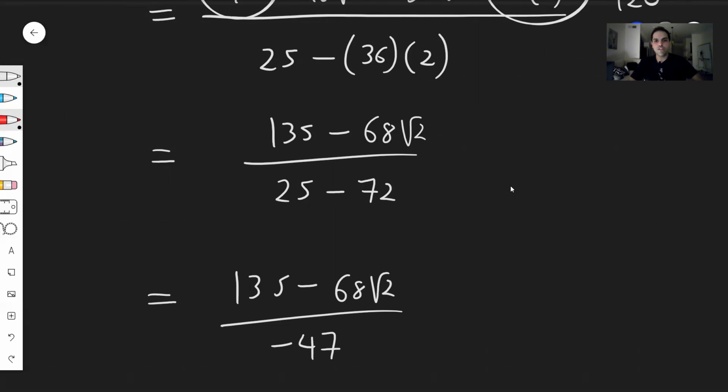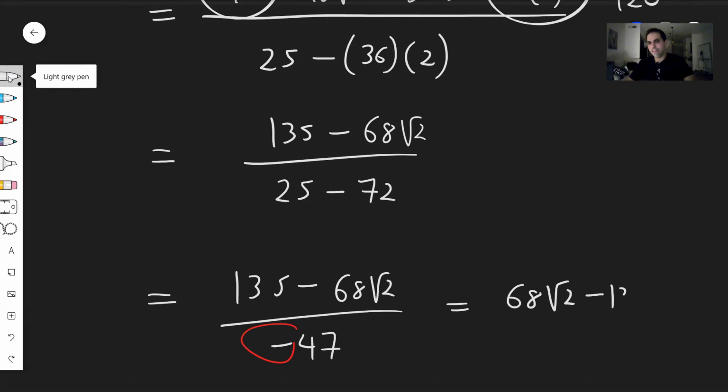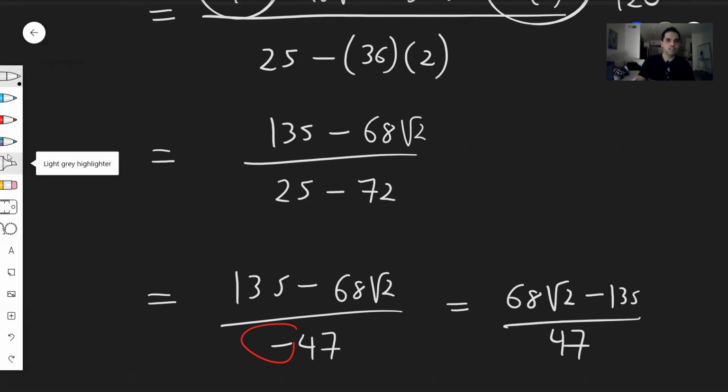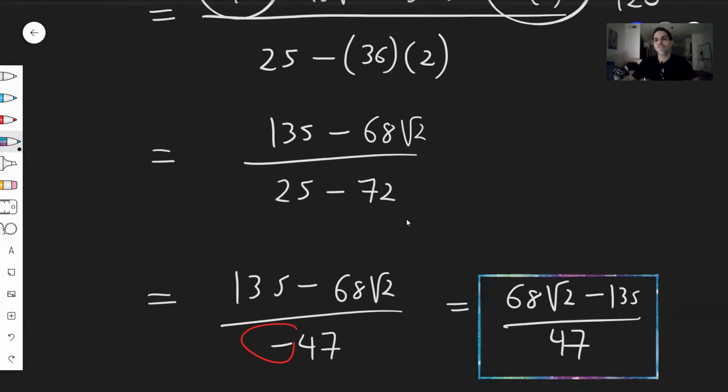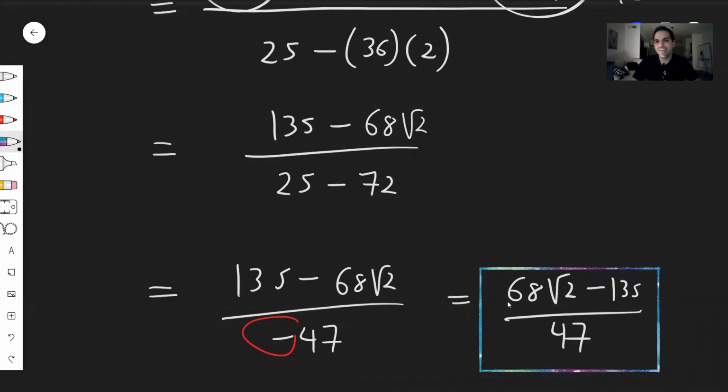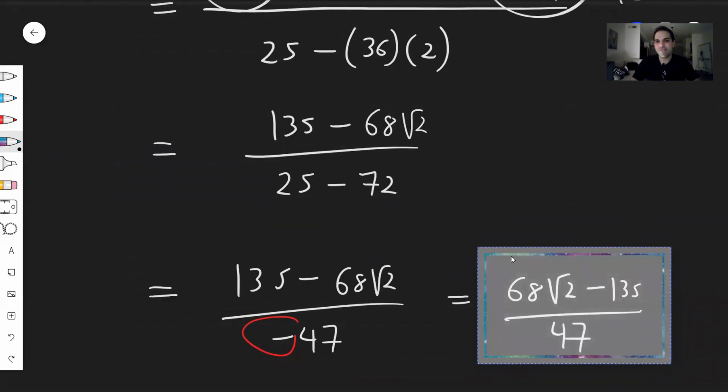And because you have a minus, you just divide this by minus 1. And I believe in the end, you just get 68 square root of 2 minus 135 over 47. So this is how you would simplify more complicated expressions with sine and cosine, which I'm sure you will see at some point in your homework or your math career.